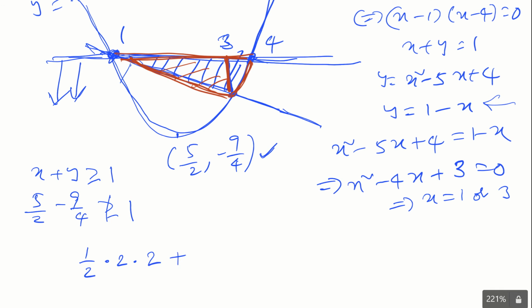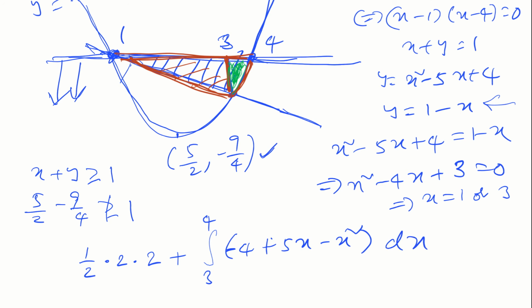Plus you want this remaining piece now. This piece you want. And that is nothing but integral 3 to 4 the parabola. But as it came below the x-axis, you have to take minus of it, so it will be integral of minus 4 plus 5x minus x square dx. You simply integrate, you'll have your answer. This is the required area. Let's go to next problem.